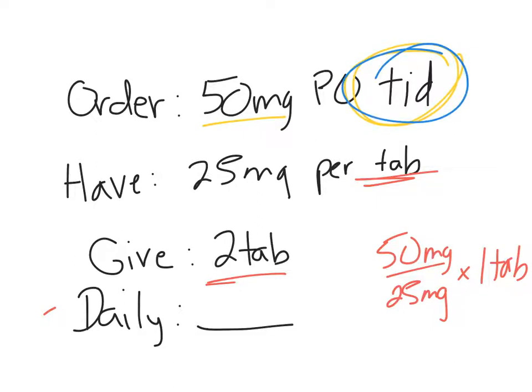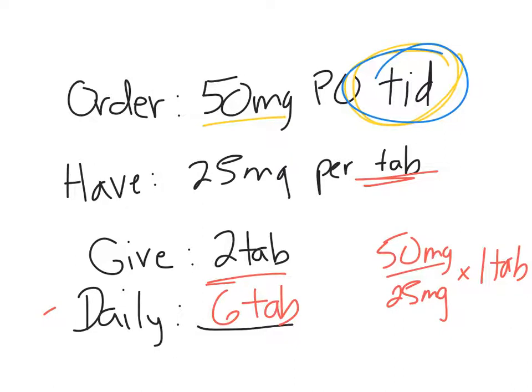They're taking that 3 times a day, so we've just calculated what they took in a single dose, that 50 milligrams, that was equating to 2 tablets. They're taking that 3 times a day, so if they're taking 2 tablets 3 times a day, all we have to do is take 2 times 3 to see that they're going to end up taking 6 tablets in a full day. So that's all you do when you're asked for a daily.